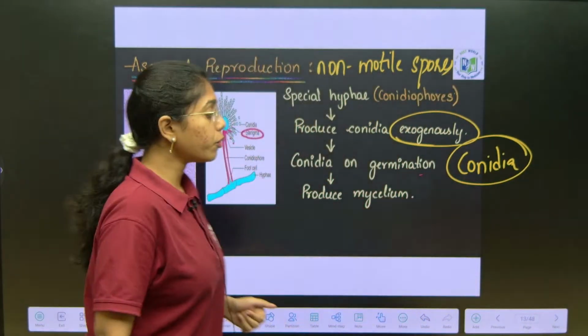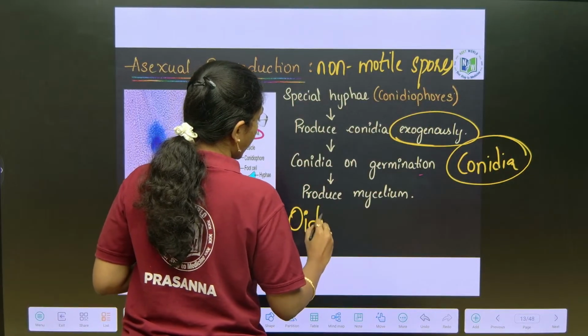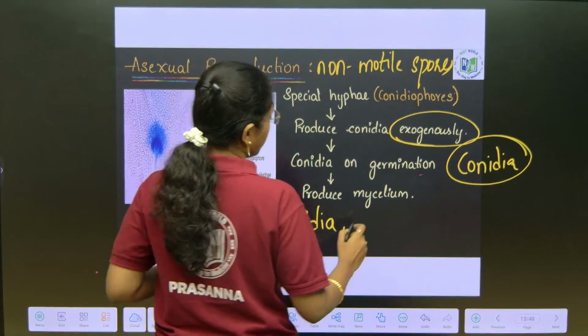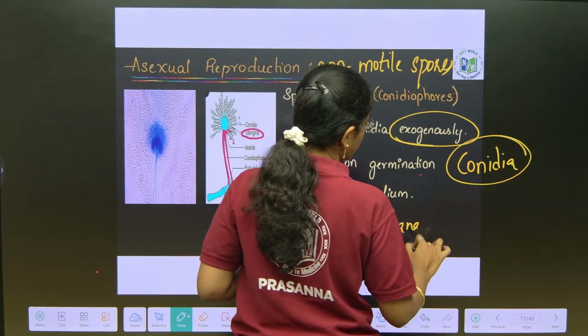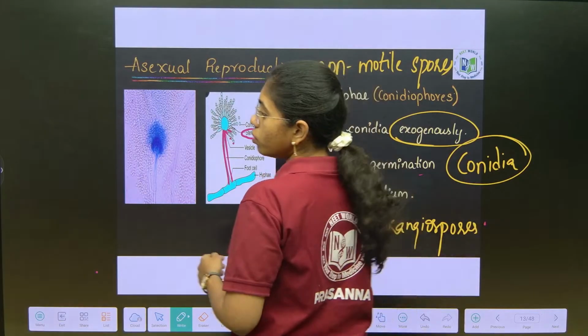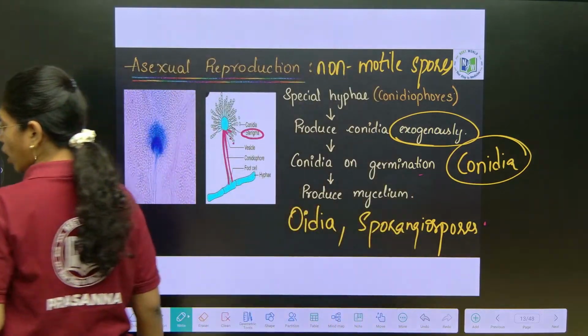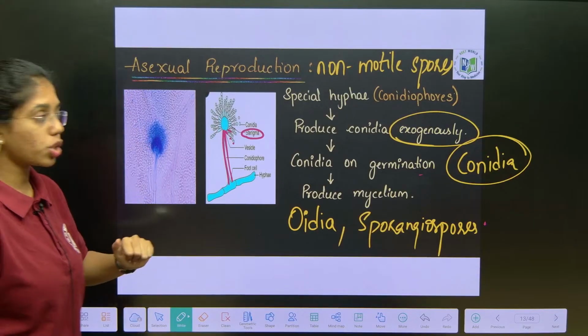And apart from conidia, the non-motile asexual spores include oidia and sporangiospores. Sporangiospores are also non-motile and they are produced endogenously. This is about asexual reproduction of Ascomycetes.